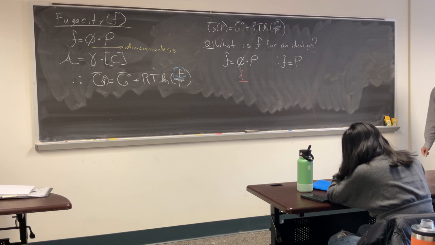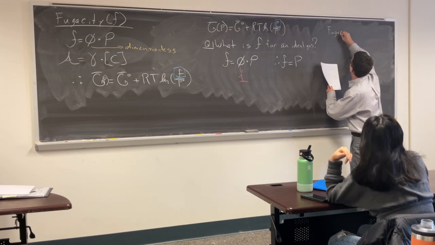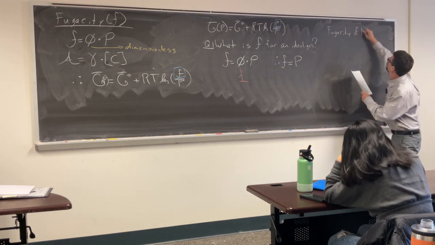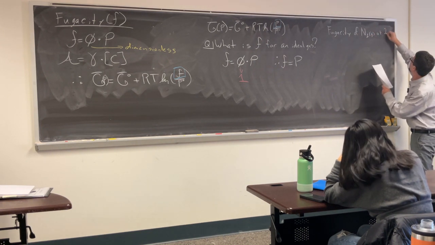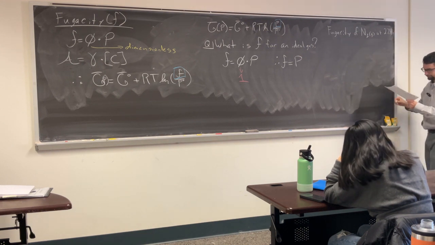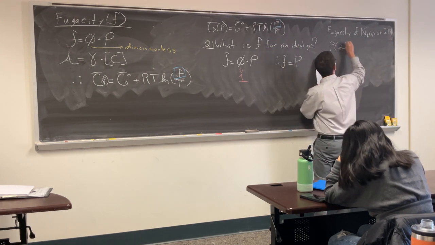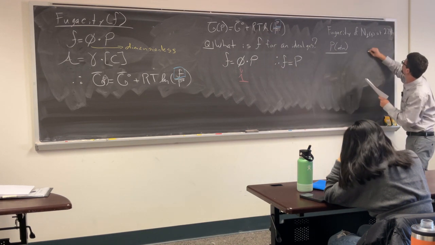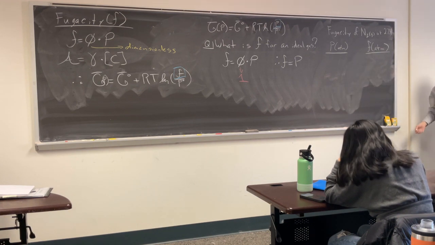What we're going to do next is build a table to illustrate how fugacity changes as we look at a system. So we're going to consider the fugacity of nitrogen gas, and we're going to hold the temperature constant at 273 K. We're going to keep track of the pressure in atmospheres, and the fugacity in atmospheres.